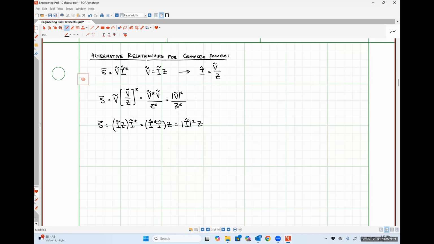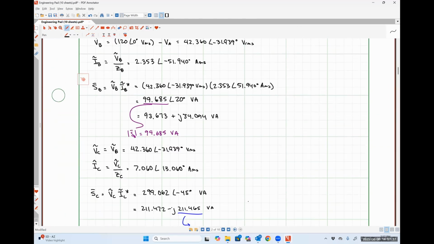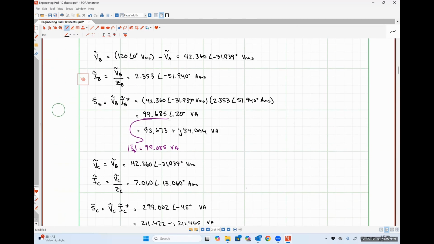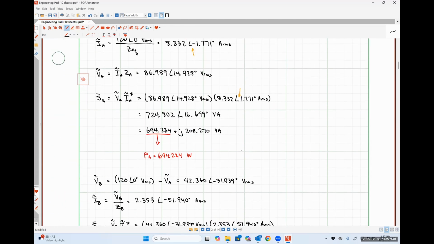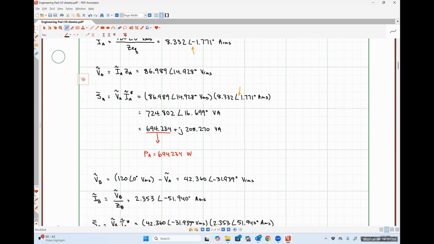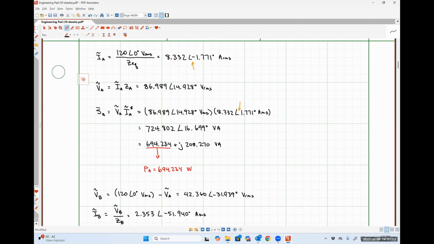So if we go back to that previous example problem that we worked, we really did twice as much work as we needed to using these alternative relationships, right? So let's just check this out for one thing really quickly, okay?